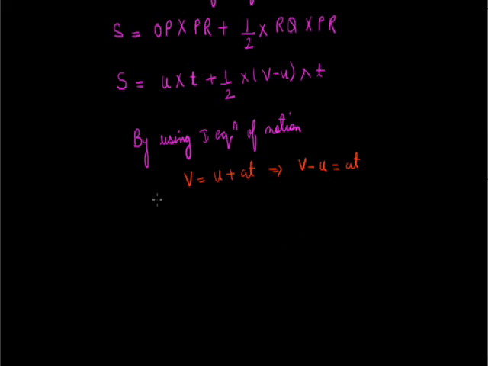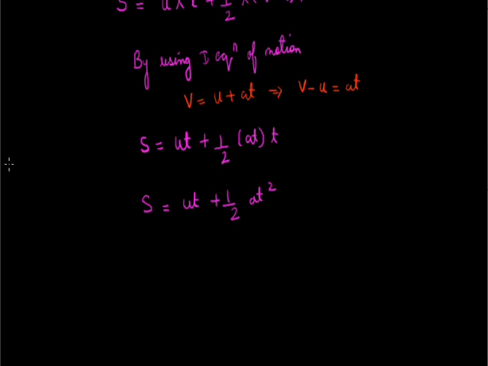Substituting this value of v minus u in the above equation, we get ut plus half at into t, that is s equal to ut plus half at square. That is the second equation of motion.